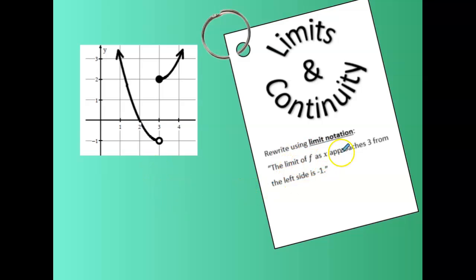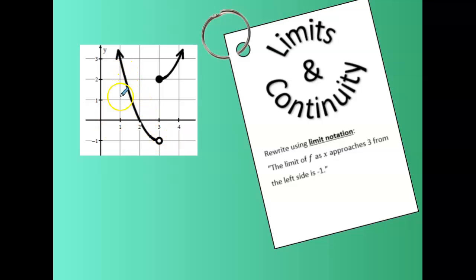So in this case, we're coming from the left side and we're headed from the left side of our graph towards 3 in the x direction, and the limit is the y direction that would result as we head from the left. We're coming across until we get to x equals 3.